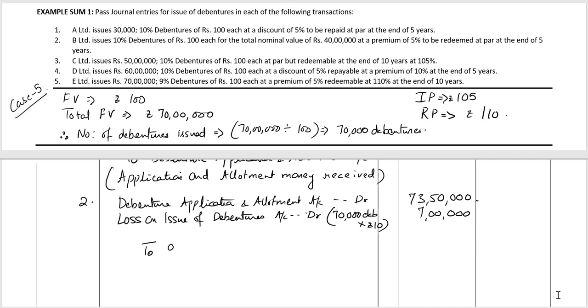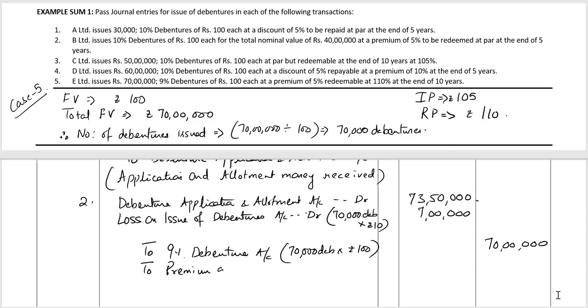To 9% debentures account with the number of debentures, 70,000 debentures multiplied by rupees 100 face value per debenture, comes up to 70 lakh rupees. To premium on redemption of debentures account with the premium on redemption, which is 70,000 debentures multiplied by rupees 10 per debenture, comes up to 7 lakh rupees.